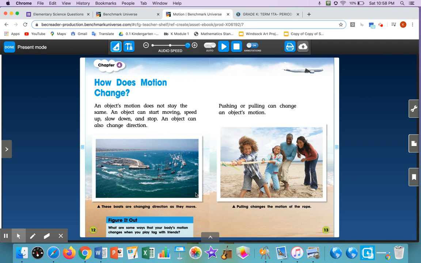When we play tag with our friends, how do we move? How does our motion change? Well, when somebody plays tag and you tap them, they start running. And then they chase after you. And sometimes you move in a zigzag way, or sometimes you move in a curve way, or sometimes you even move in a backwards way.